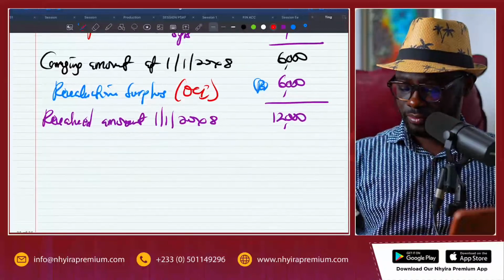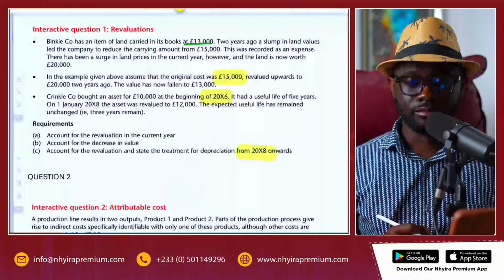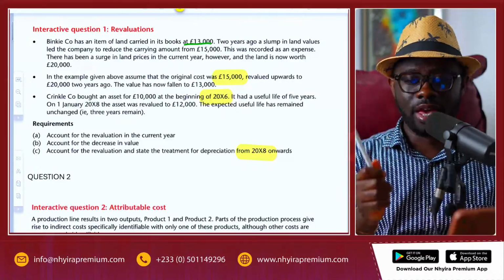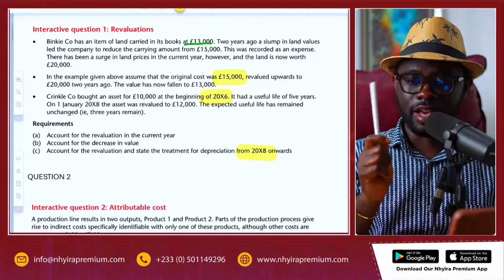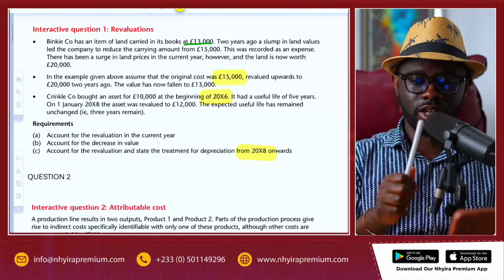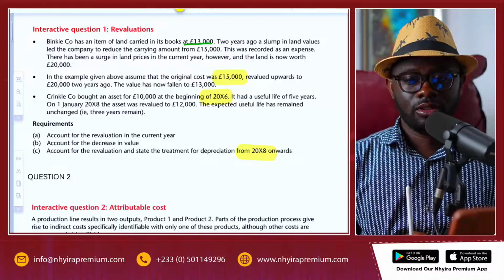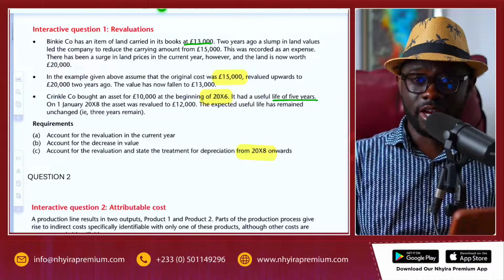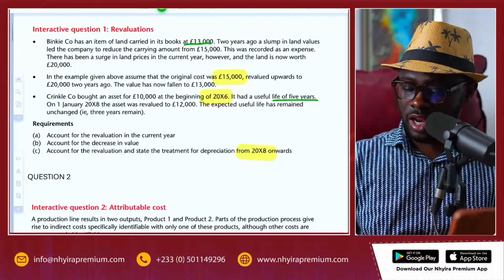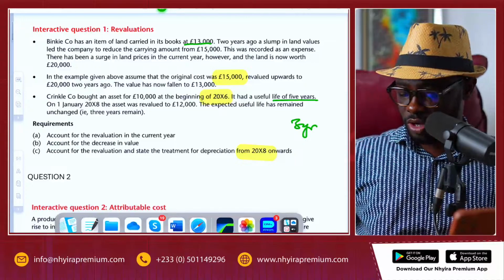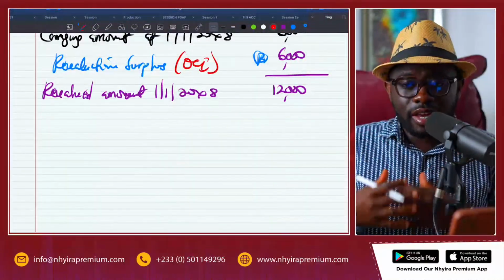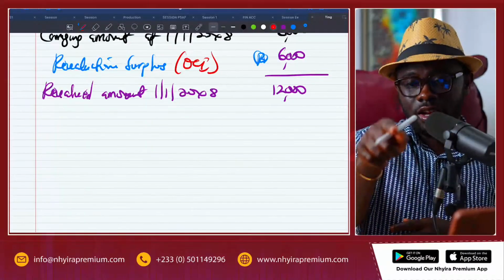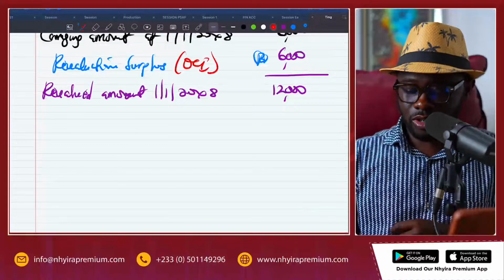But let's see. What else did it say? The expected useful life has remained unchanged, i.e., 3 years remain. Because if the useful life is 5 years and we've done 2 years, that means we are left with 3 more years to go. So now, depreciation for the current year ended, which is 31st December 20x8, will be calculated on the revalued amount. So we bring that in.